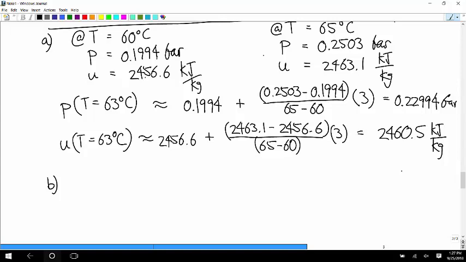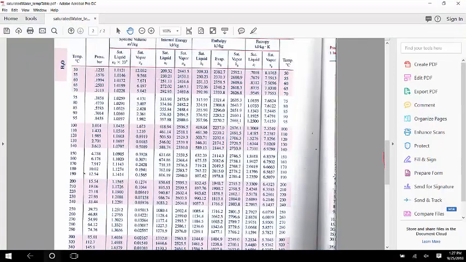Okay, so for this one, at a temperature of 60 degrees, from the table, our specific internal energy for the saturated liquid, I'm just surprised.